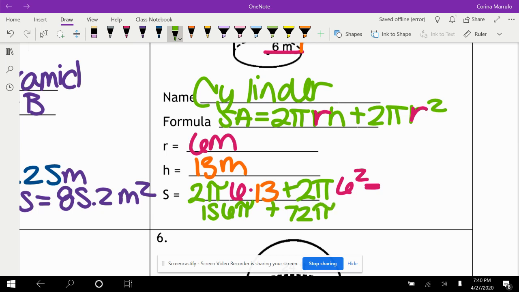And then I'm going to go ahead and add those together. I have 156 pi plus 72 pi, and that is going to give me 228 pi. And our units here are going to be meters squared.